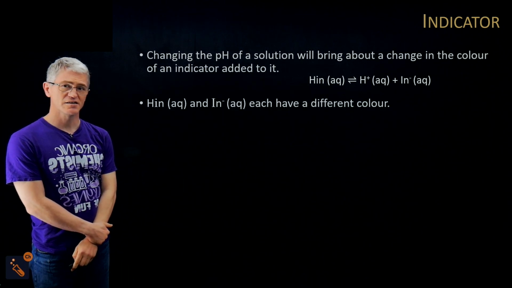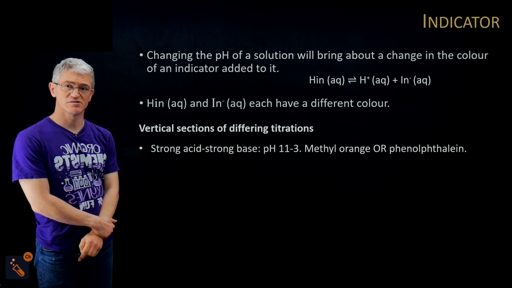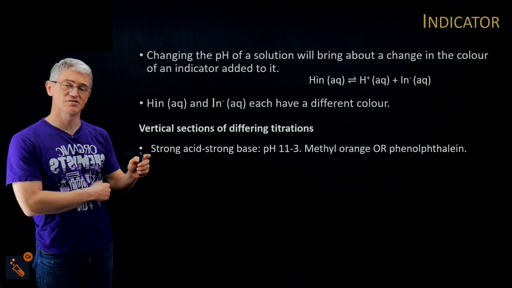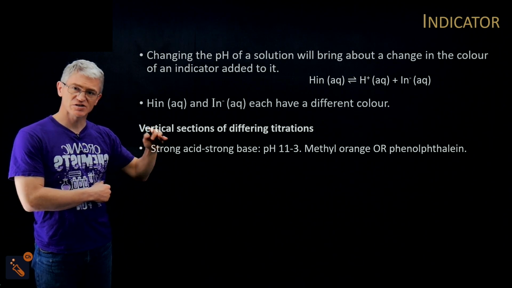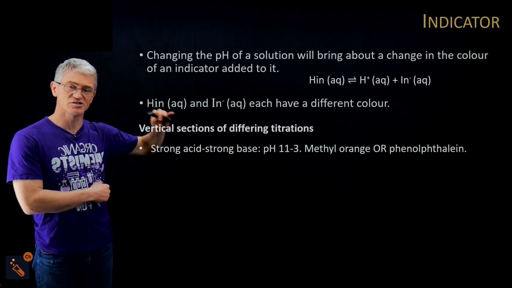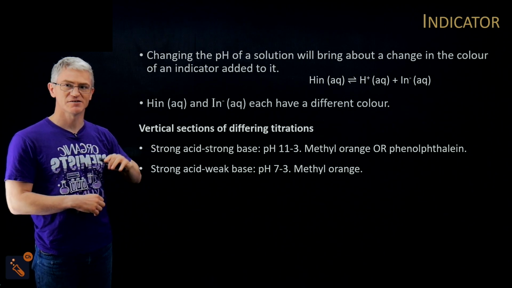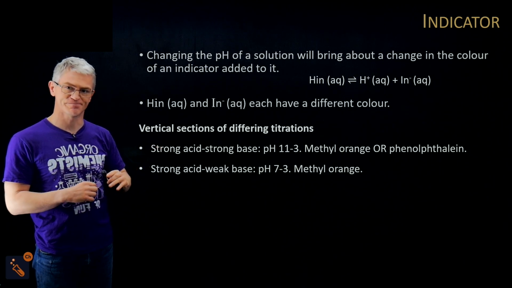They each have a different colour, and there are vertical sections of the differing titrations. You look at the vertical sections, and if the vertical section has the same range in terms of the colour change for the indicator, which will make sense in a second, then you can choose that indicator.